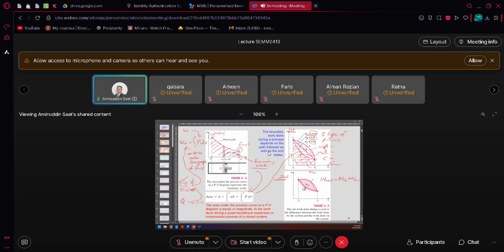Basically W12, because the volume is reduced, is negative, plus W21. Why negative here? Because the volume reduced.